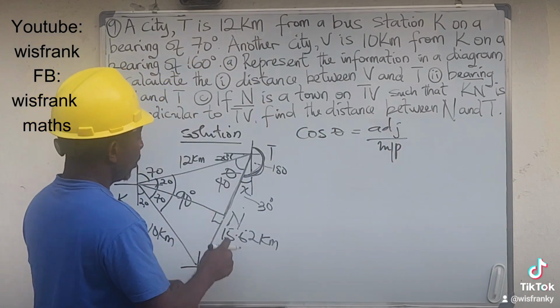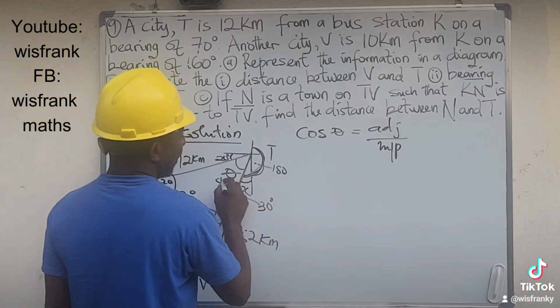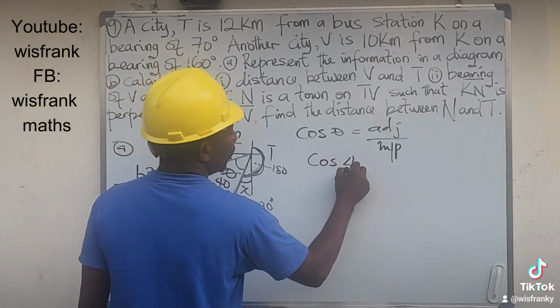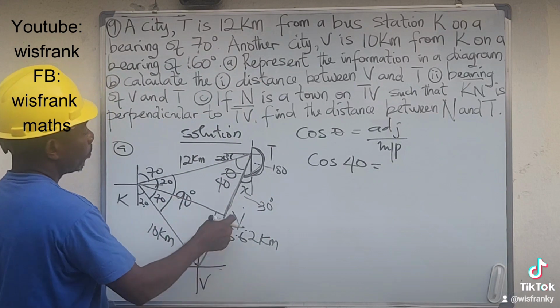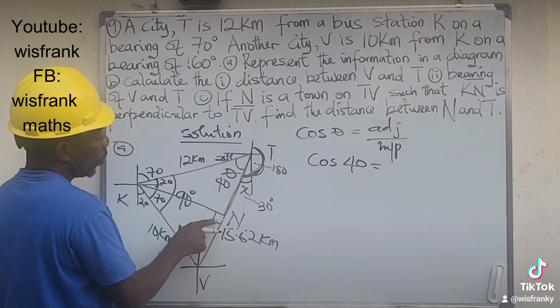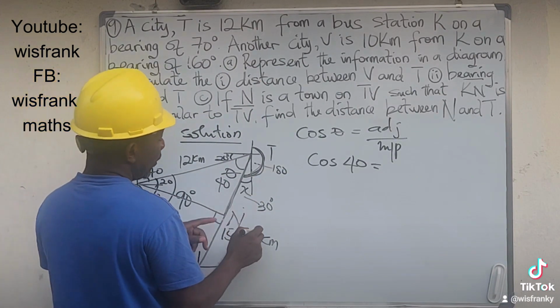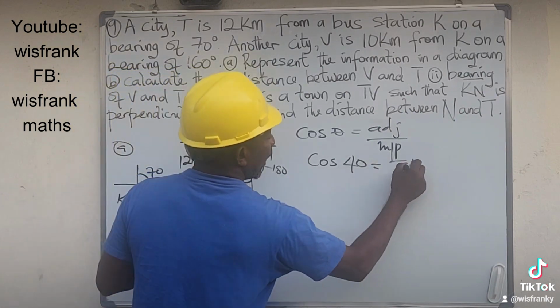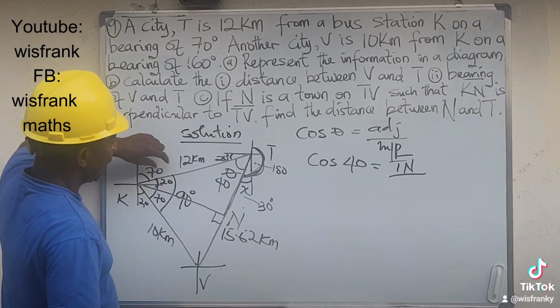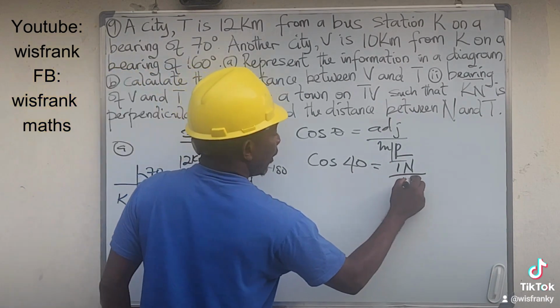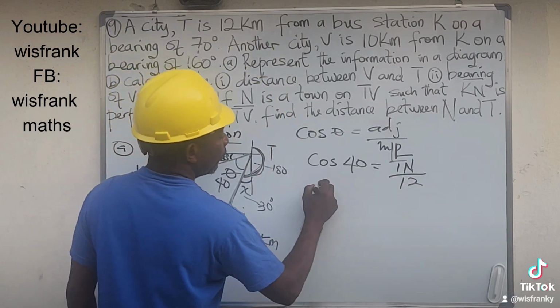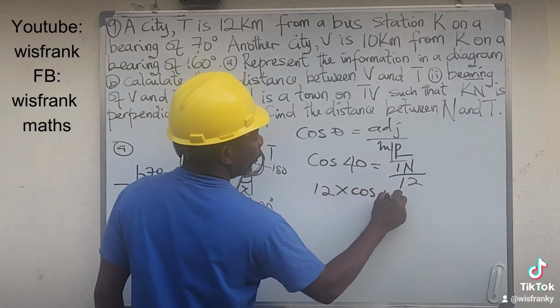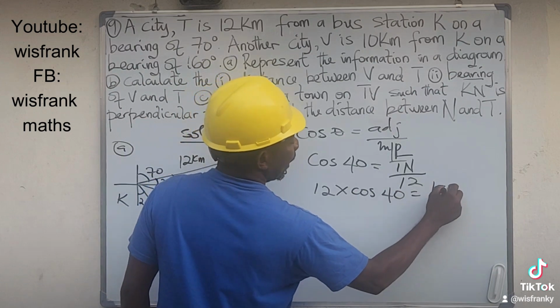So in this case, we have cos 40 equals the adjacent, which is line TN, what we are looking for, over the hypotenuse, which is 12. So we have 12 times cos 40 equals line TN.